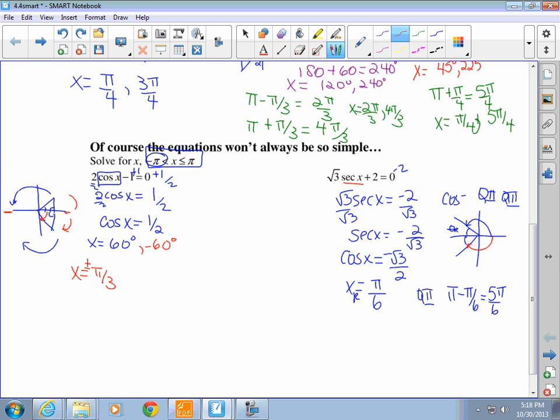So in quadrant 3, it's my negative pi, because I'm going in the negative direction, and then my reference angle of pi over 6, so it equals negative pi over 6. So those would be my two answers, positive pi over 6 and negative pi over 6.